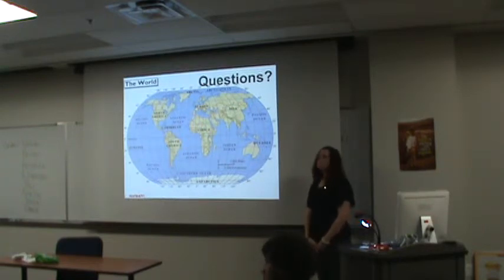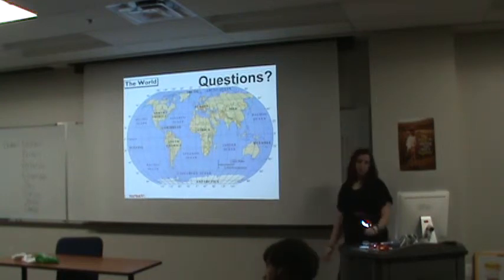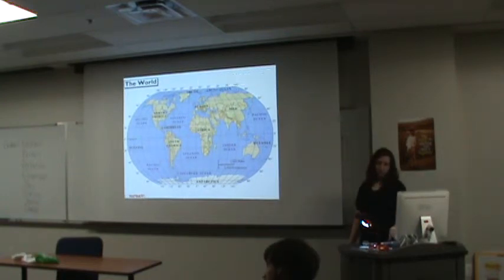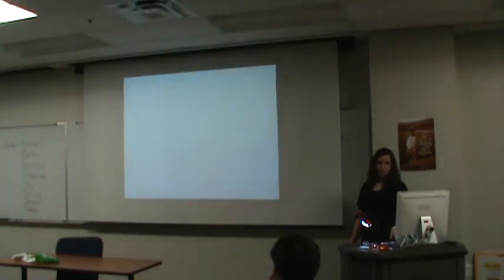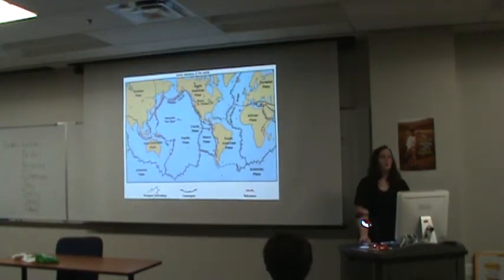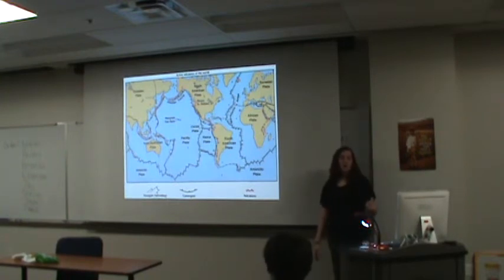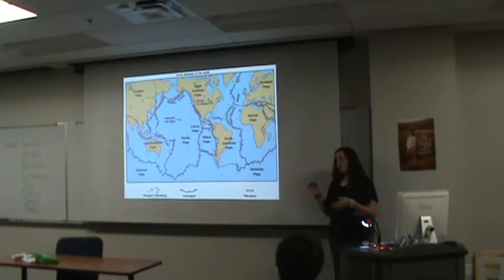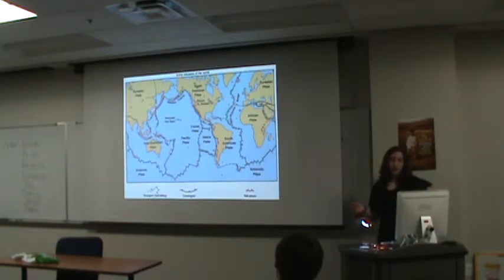What was the picture on your very first slide with all the red dots over it? What that's showing is, we're learning in geology how there's active continental margins and there's passive. The red is going to show an active area.